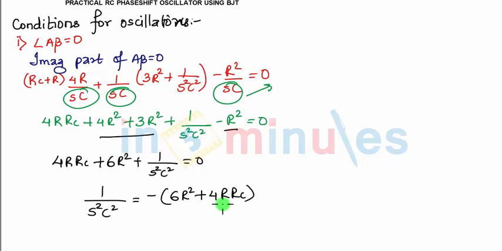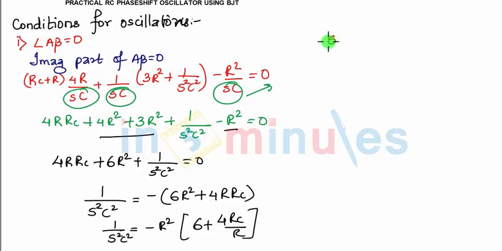If I take R square out, it will be 6 plus 4 RC by R. Further simplifying, we can say S square will be minus 1 upon R square C square into 6 plus 4 RC by R.